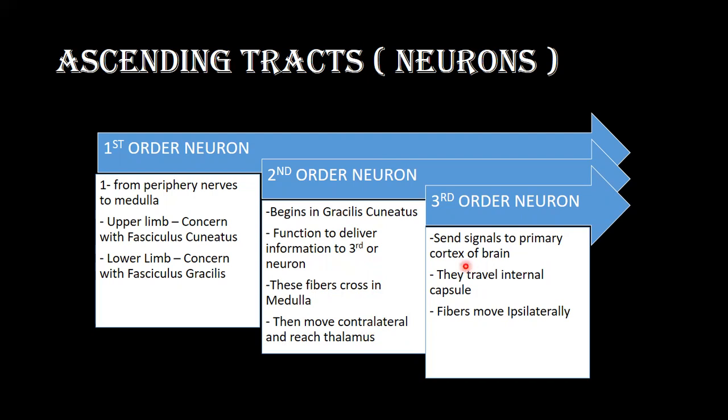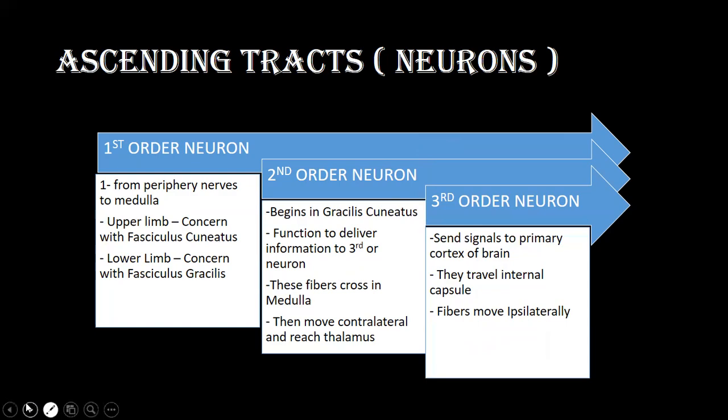Then the third order neuron. The function of the third order neuron is to transmit the sensory signal from the thalamus. Where the second order neuron terminates is in the thalamus. Third order neurons carry from the thalamus ipsilaterally and give the information to the primary sensory cortex of the brain.